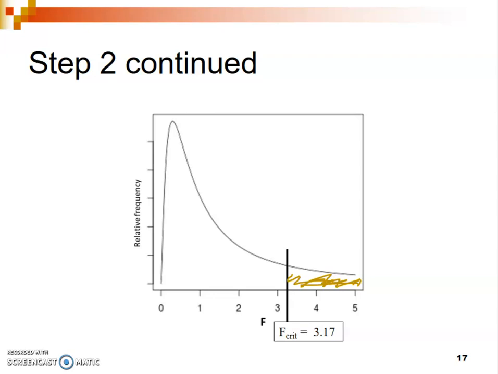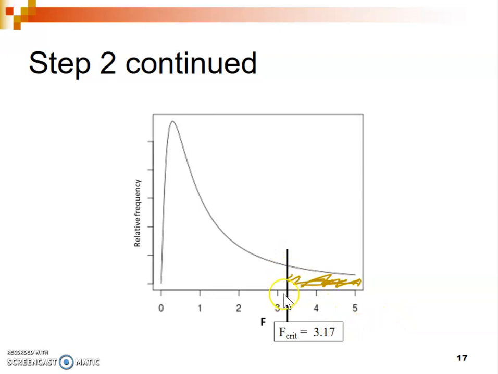So this is the distribution of all of our possible F ratios that we could get. Well, not quite all of them, because this graph actually has a tail that extends into infinity. So this is really just a portion of it. Just remember that this tail is always going to continue on forever. It becomes less and less likely to get really extreme scores out here.